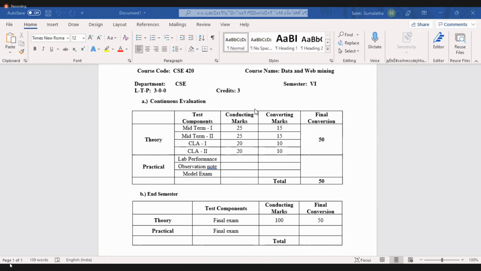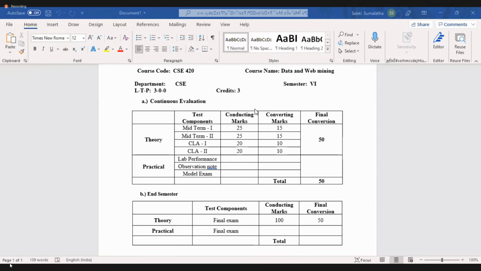For example, if I have conducted some 15 quizzes, I'll be considering the best out of 15, so best 12, like that. Due to some network connection problems, some students may not be submitting in time, so I'll be removing a few quizzes.